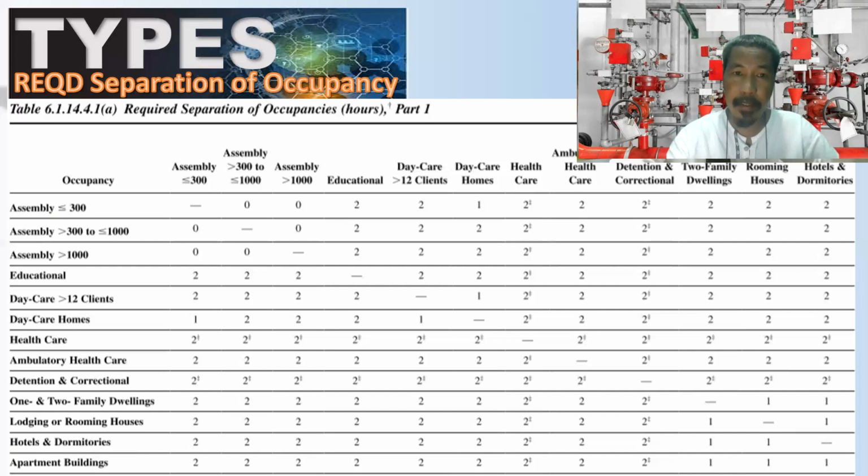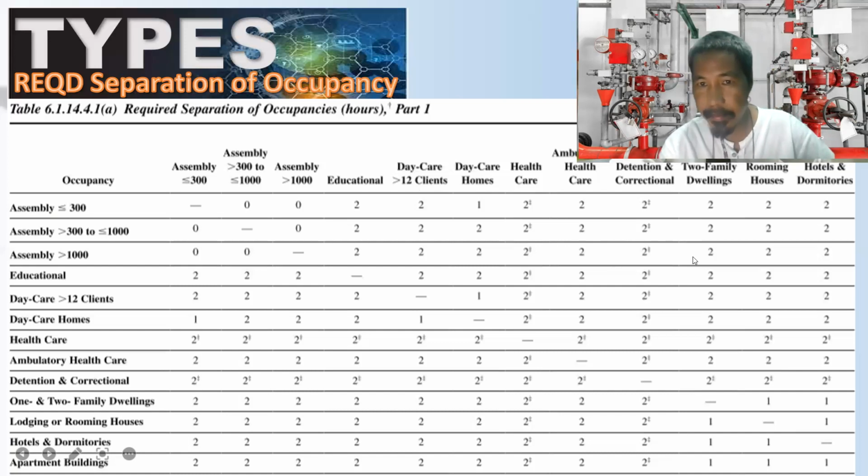Why assembly? Daycare of greater than 12 clients, 2 hours. But daycare home, 1 hour. So it's a difference.